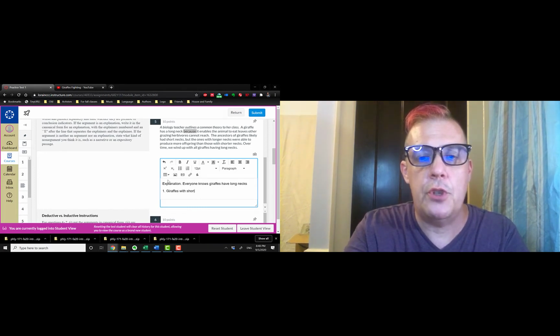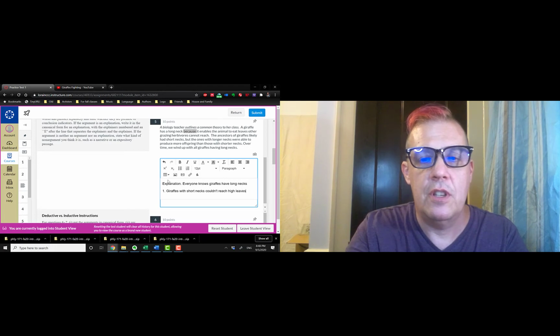Giraffes with short necks couldn't reach high leaves. Giraffes with short necks left fewer offspring. And then finally 3, giraffes have long necks.